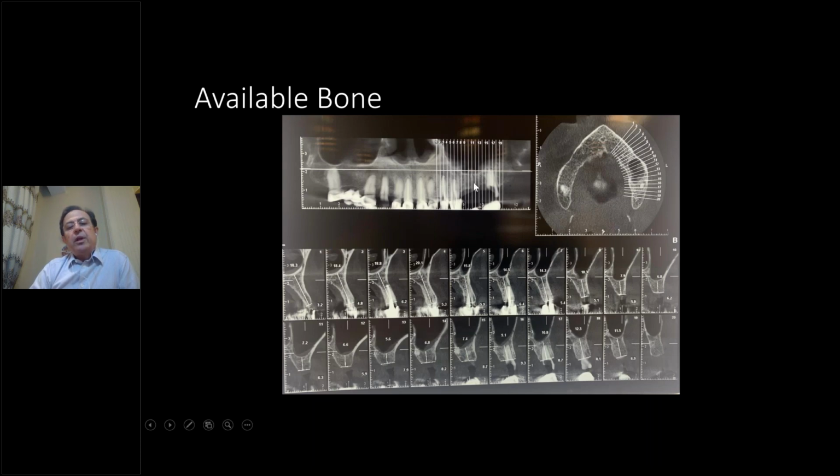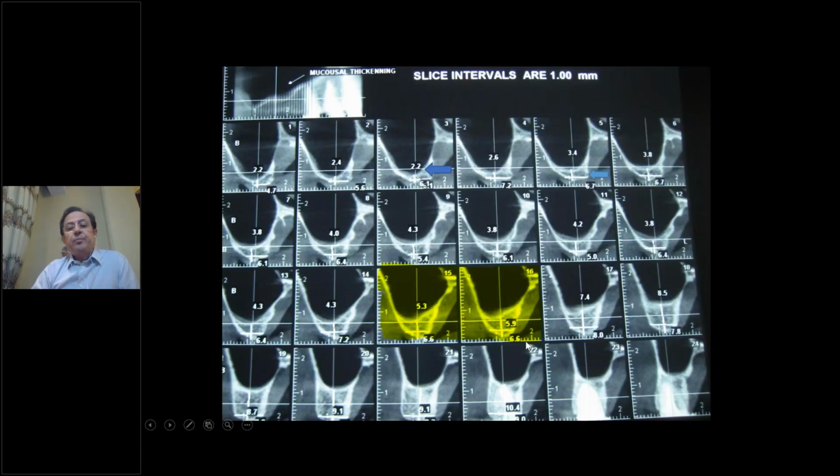We must calculate how much bone we have under the sinus floor between the crest and the sinus, and based on this amount, we can decide to go to a closed sinus lift or crestal approach, or to a lateral approach. We must do this calculation based on CBCT because the OPG cannot definitively show the exact amounts.